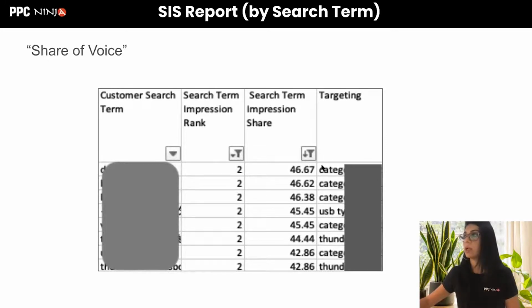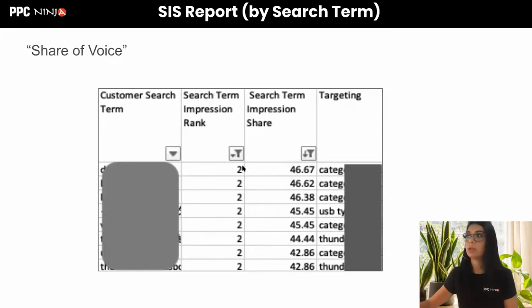In this category. And what does that mean in terms of the ranking of that impression share? Here it says 2, which means we're at number 2 of all of the competitors that have some slice of the impression pie.